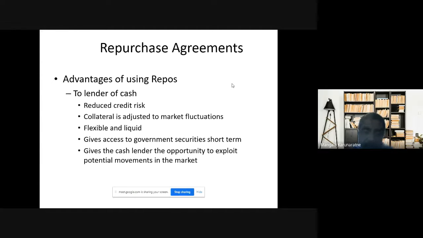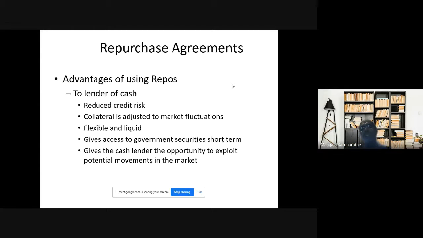Those options are there. We call government securities the number one liquid asset, or rather the notes and coins are number one, but in investments, the government securities come first as liquid assets.